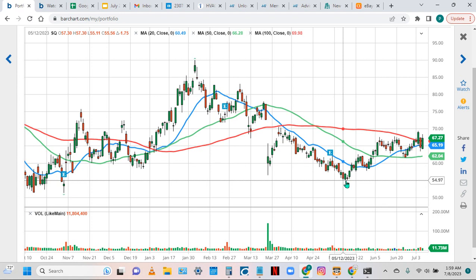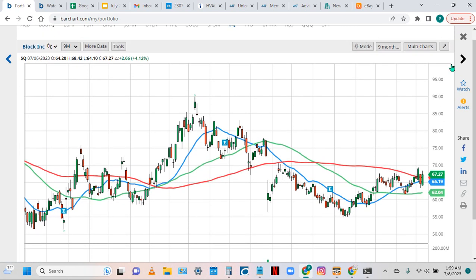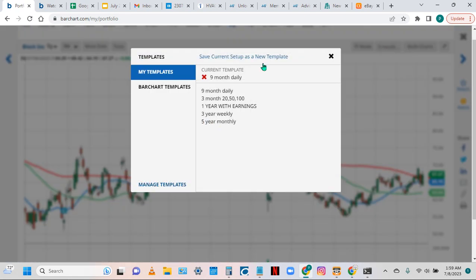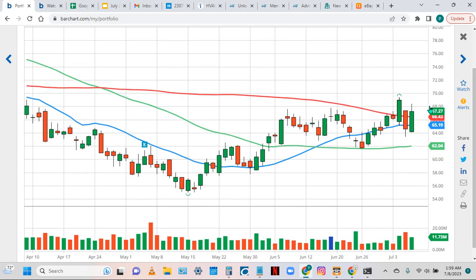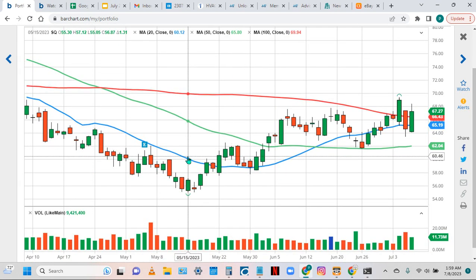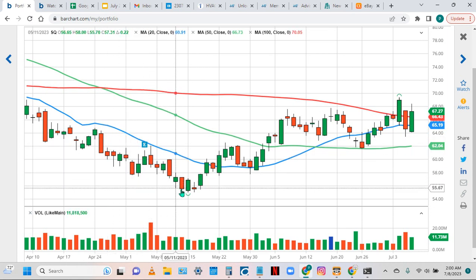If we look at this right here, I'm going to zoom in now in May. So we're going to go from a 9-month chart to a 3-month chart. When we look in May, we can see this kind of move down, and then the candles start to get smaller.